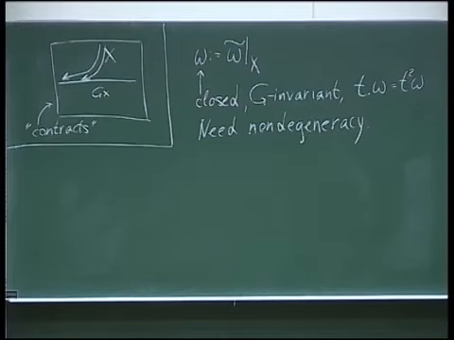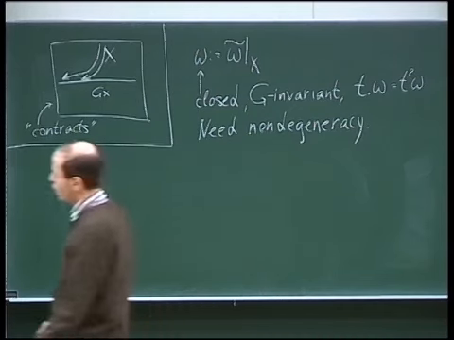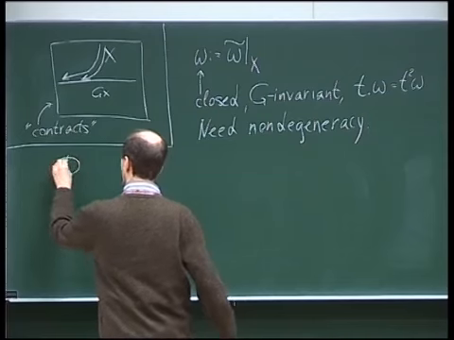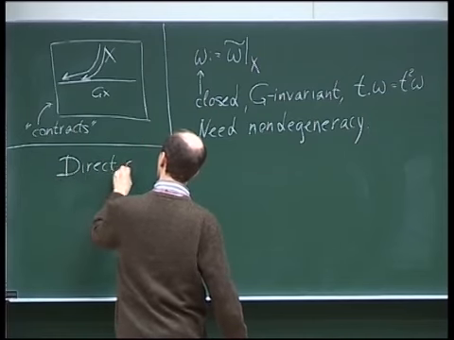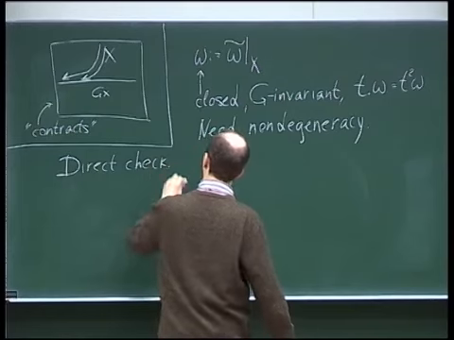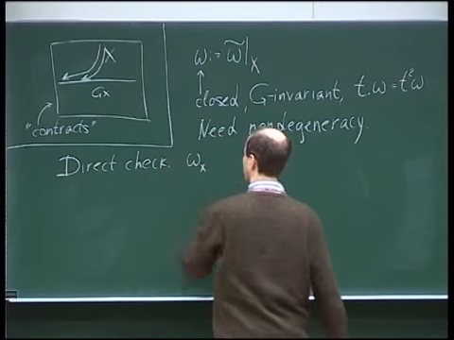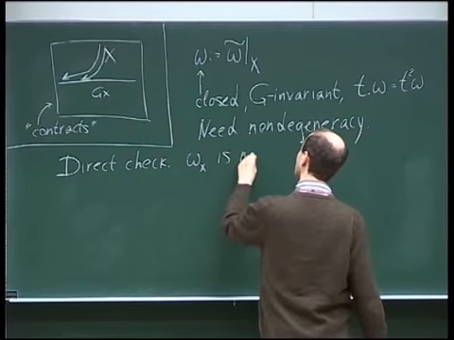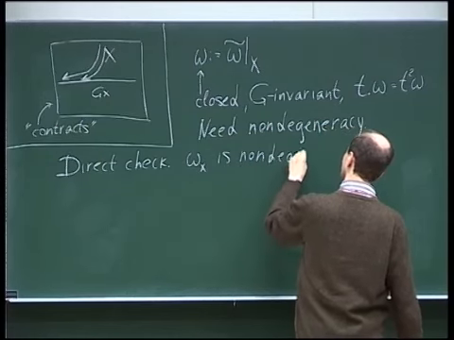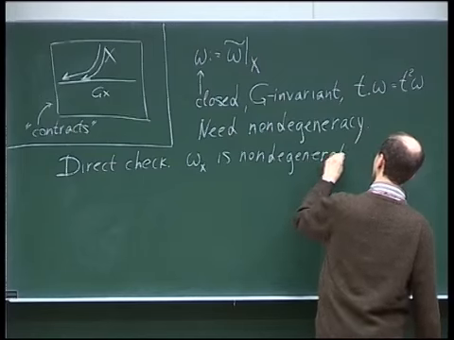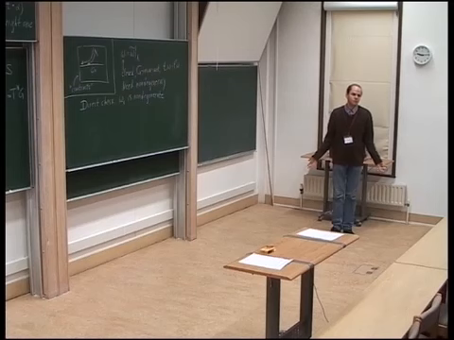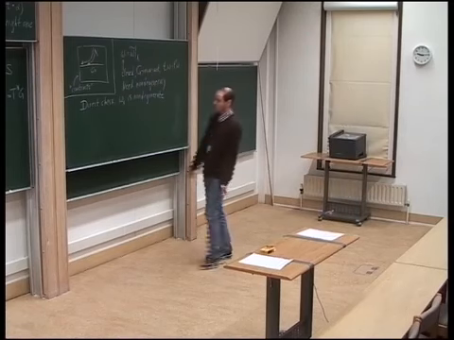Well, we have our distinguished point x here, and one checks directly that omega is non-degenerate at this point. So you can write down this form explicitly and check this.